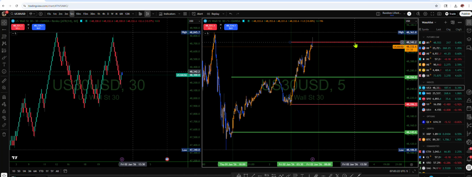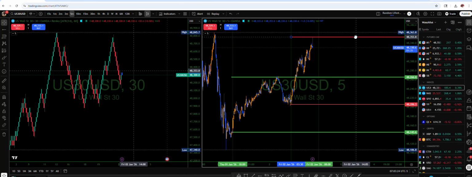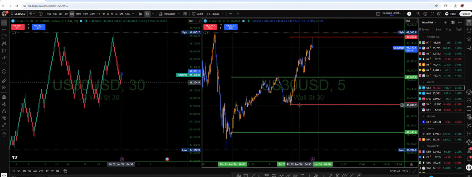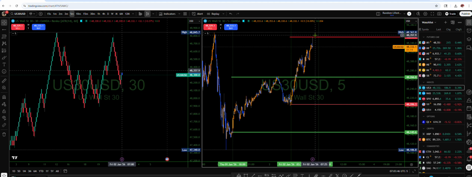So this one right here, I'm just going to move it up. The reason I'm doing this is that by the time 8 o'clock hits, I need to see the higher high for the London session. Based off this higher high right here, and these two red lines, they're telling me that the market is trying to push up.